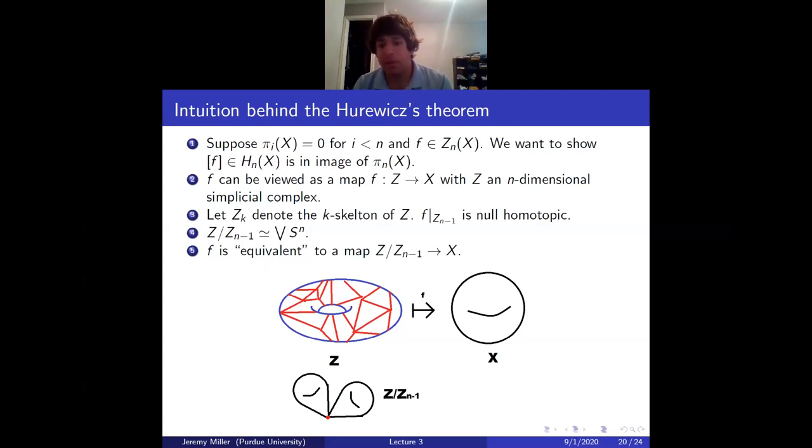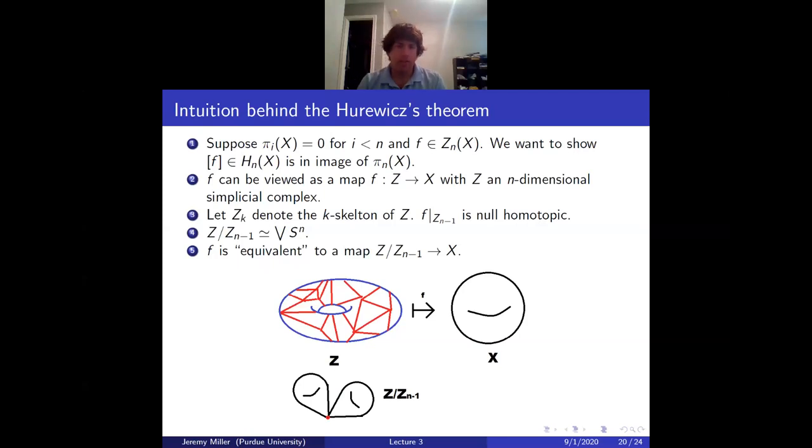But things need not be spheres. And the Hurewicz isomorphism says that your i-dimensional things, where equivalent means like co-bounds, are equivalent to maps from spheres.